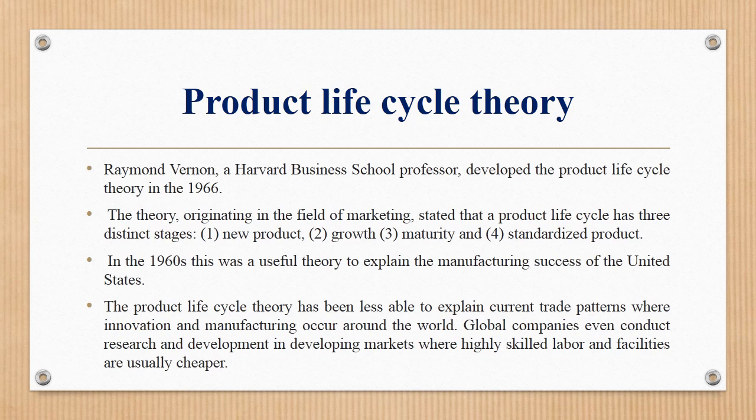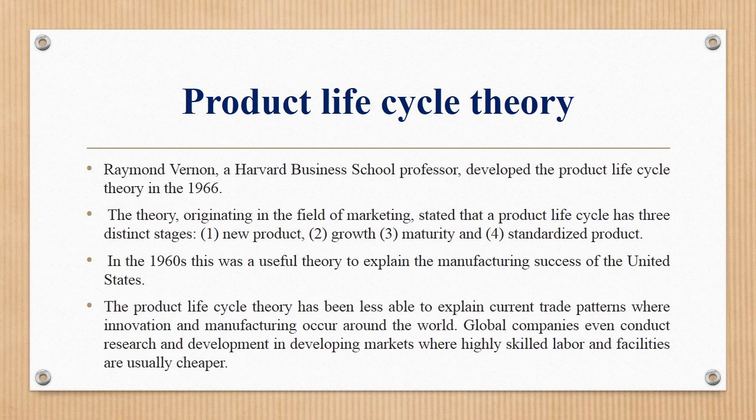This theory, to a good extent, helps in explaining the sudden rise and dominance of the United States in manufacturing. This theory also explained the stages of computers, from being in the new product stage in the 1970s to entering their maturing stage in the 1980s and 1990s.